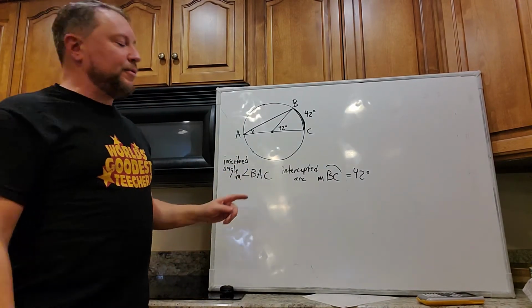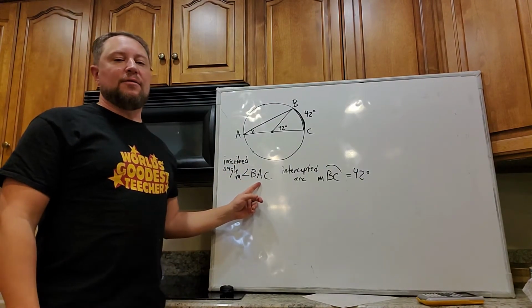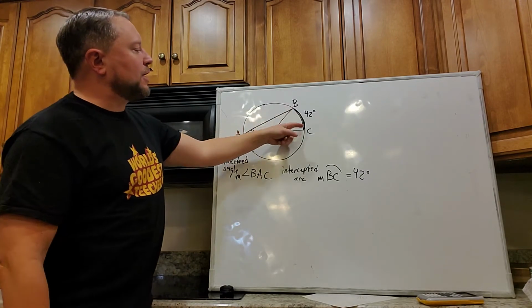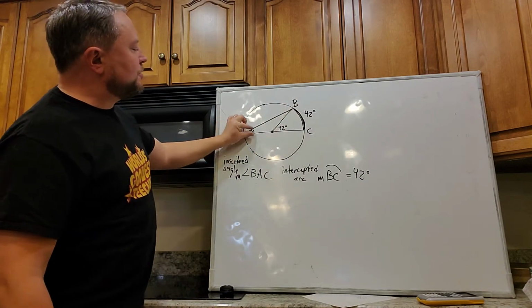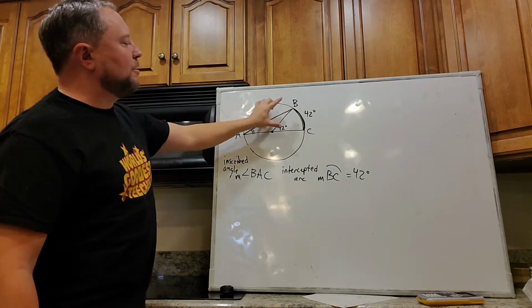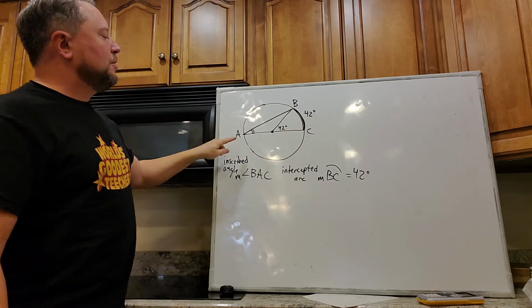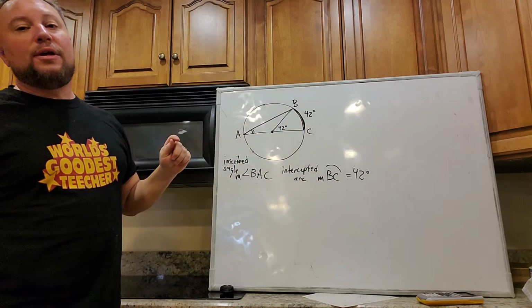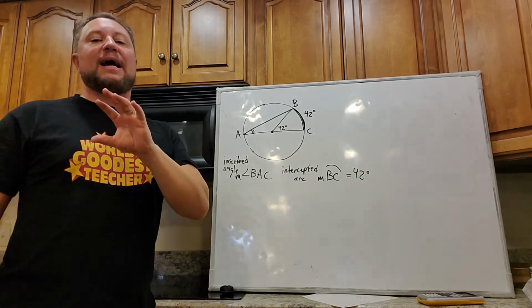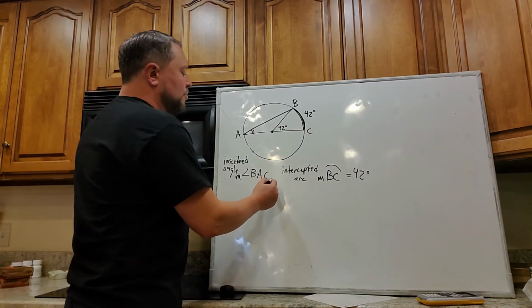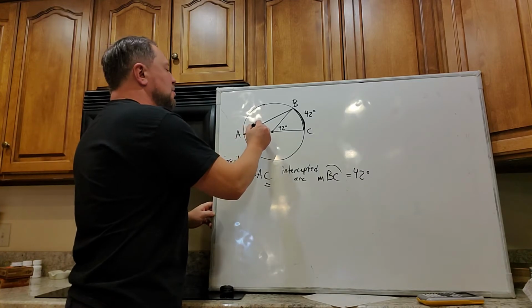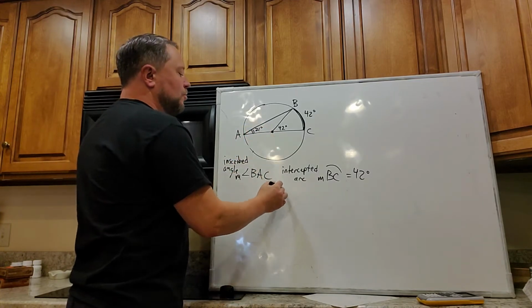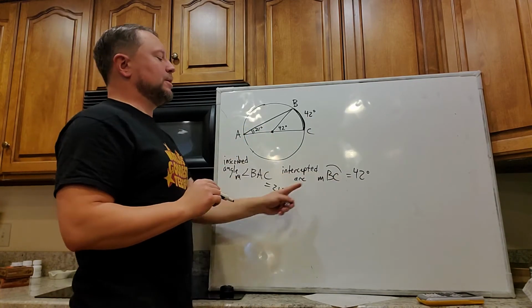You should now be able to figure out its measure. If the arc out here is 42, this inscribed angle clear back here that hits that same arc, as we learned in this section, is only going to be half of its arc. So the measure of this angle should only be 21 degrees, half of 42.